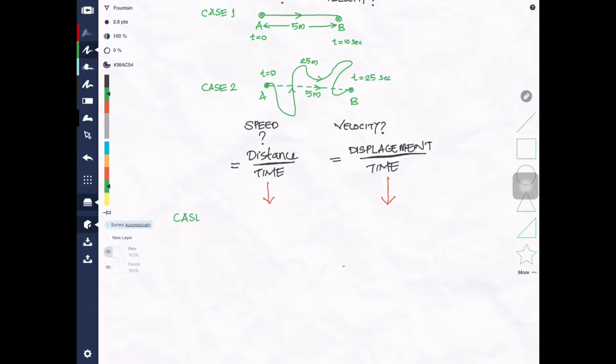Now we can consider those two cases separately and apply these two equations.